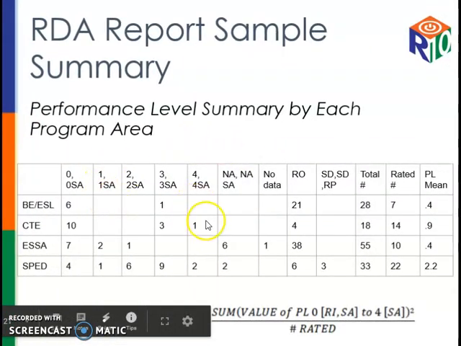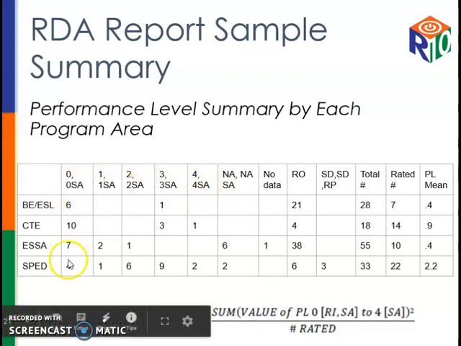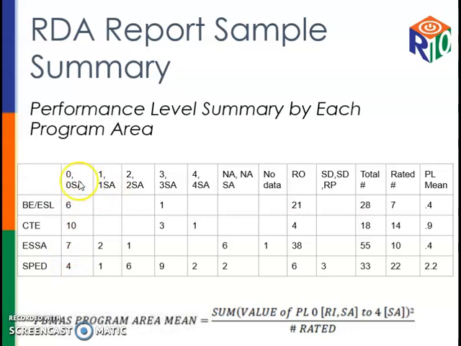Now we're looking at a sample, and this sample provides information on the performance level by each program area. So you have the performance levels above, and in each performance level you see some components. That's dependent on programs that applied these components in their specific circumstances. And again, that can be found in the framework. Then you have report only.